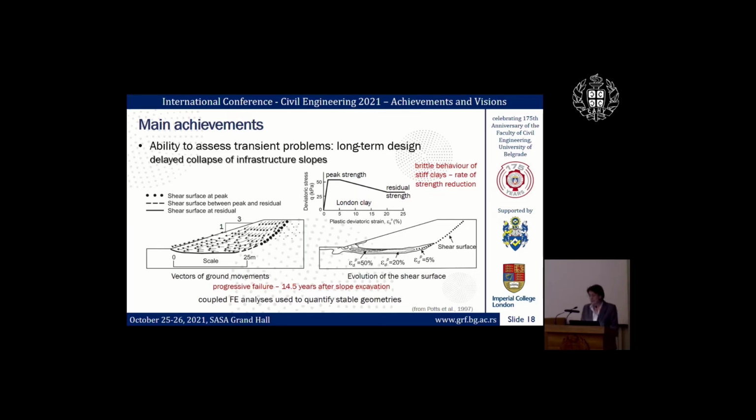So now we were able to assess also that aspect of design, and where it immediately became important was in problems of infrastructure slopes, because some of these slopes, excavated again in a stiff material, stiff clay, like the clays here around Belgrade, so London clay, Oxford clay, and so on, showed instability and failure several years after being excavated. And these are slopes along motorways and along rail tracks. And the question was, why were they failing?